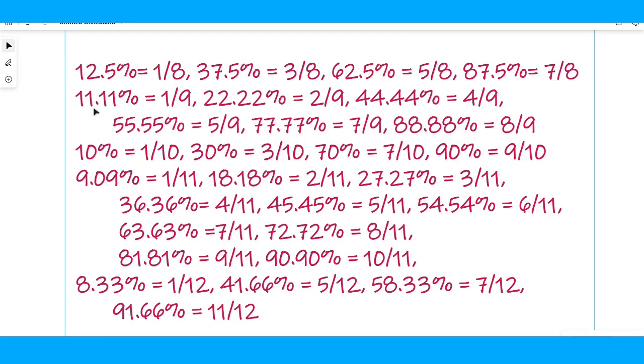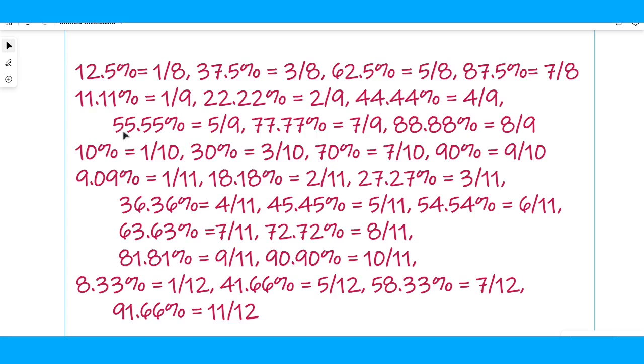Now 11.11% on converting to a fraction comes out to be 1 upon 9. And double of it is 22.22%, which is 2 upon 9. And 33.33%, which is 3 upon 9, which is 1 upon 3. Then 44.44% is 4 times of 11.11%, so it is 4 upon 9.